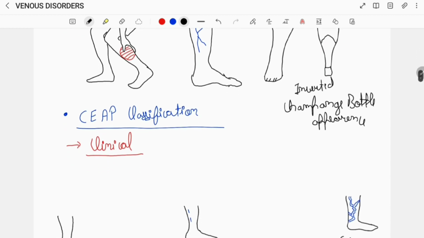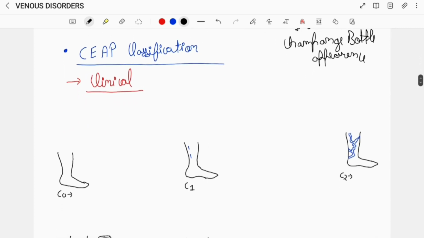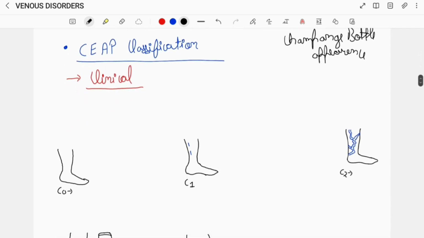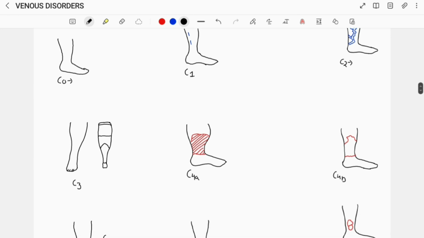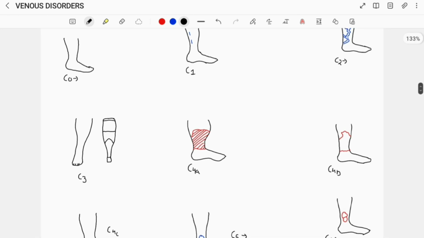Now, there is a specific classification for varicose veins known as the CEAP classification. C stands for clinical, E stands for etiological, A stands for anatomical, and P stands for pathological. If I talk about clinical, then we have the classification from C0 to C6. C0 means that the patient is asymptomatic.